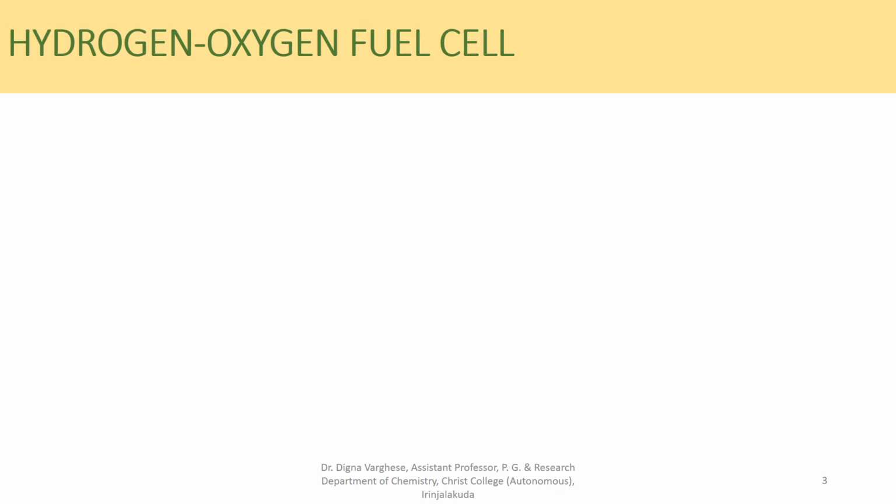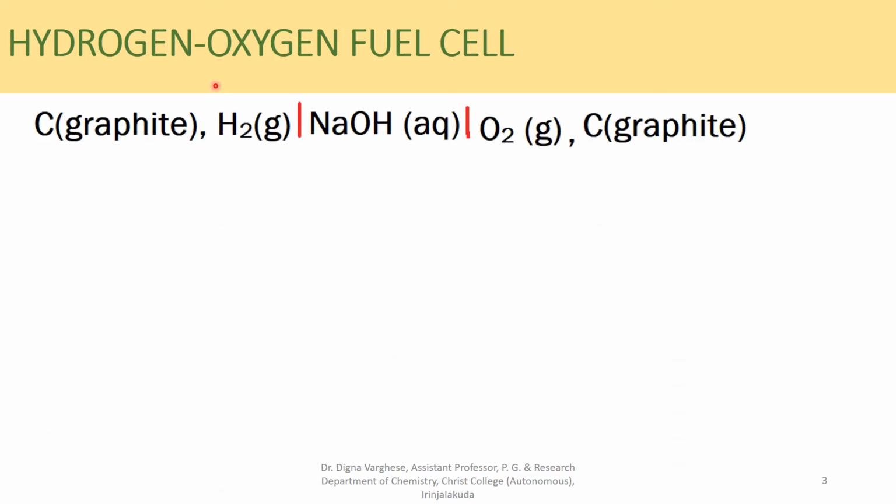The simplest type of fuel cell is the hydrogen oxygen fuel cell. In the cell represented here, the carbon graphite electrode is in contact with the hydrogen gas, the sodium hydroxide aqueous solution is there, and the oxygen gas is in contact with the carbon graphite electrode.